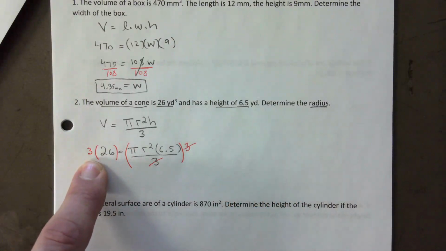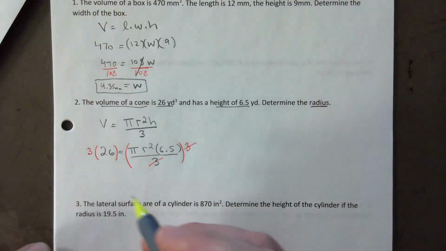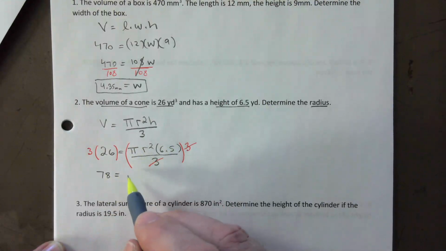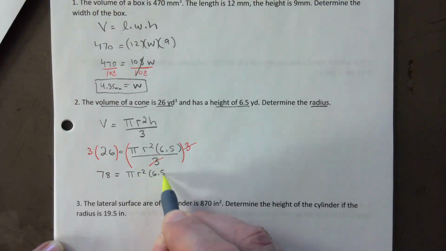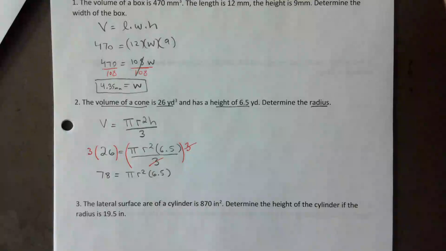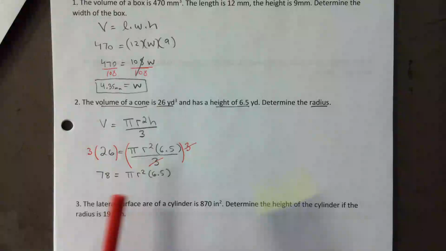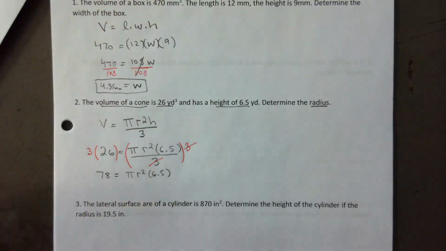On the left side, you multiply and get 78. On this side, you're left with pi r squared times 6.5. You could multiply these two and just get something on your calculator, but I'll leave them like that.